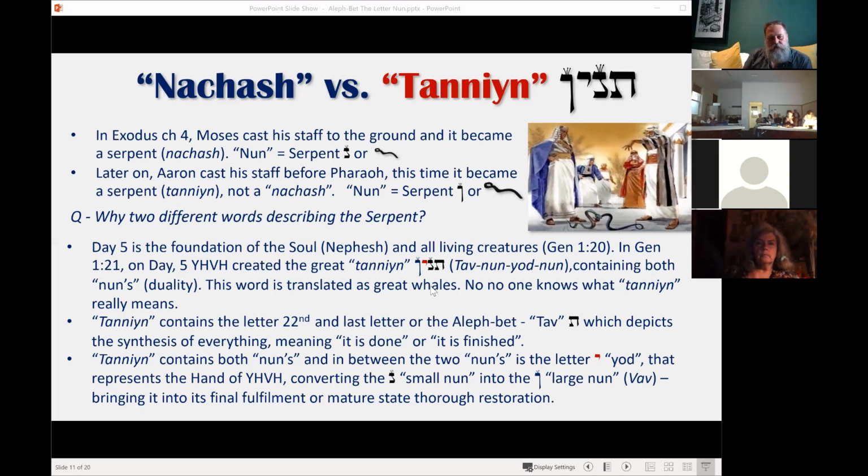And that symbolism later on we also see in the symbolism of the brazen serpent on the pole that overcame the serpents that bit and killed Israel and the people. And they had to look upon the serpent on the pole, which is actually the Tanin, in order to overcome the Nachash.